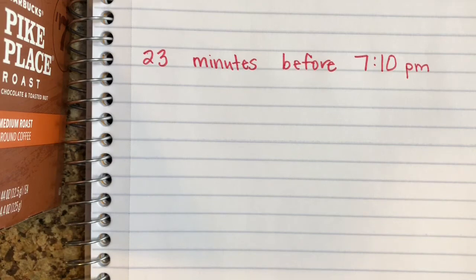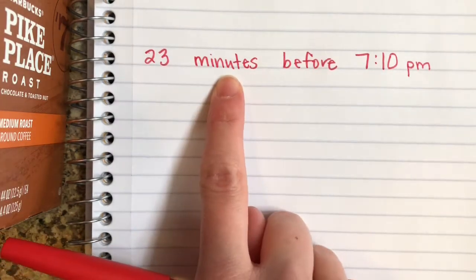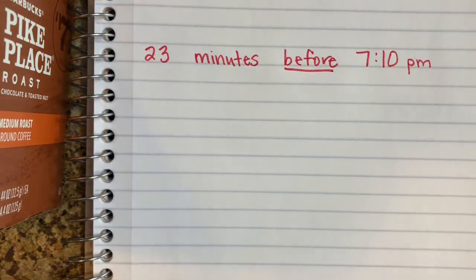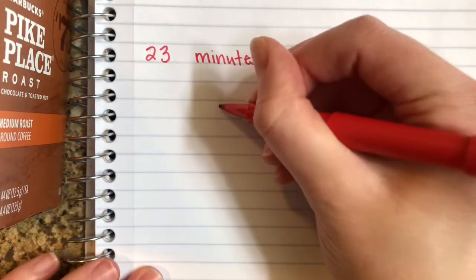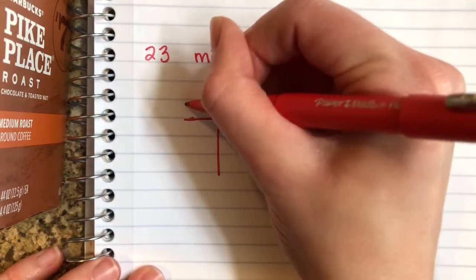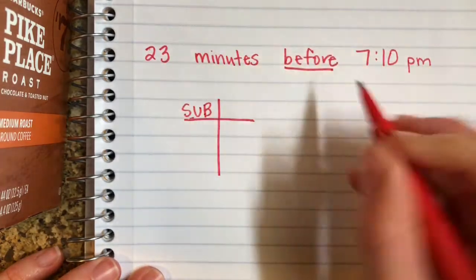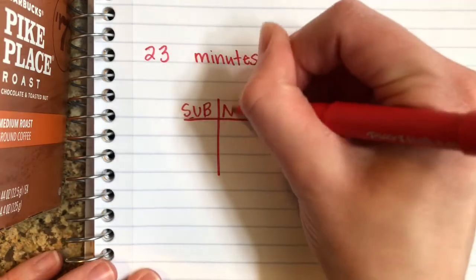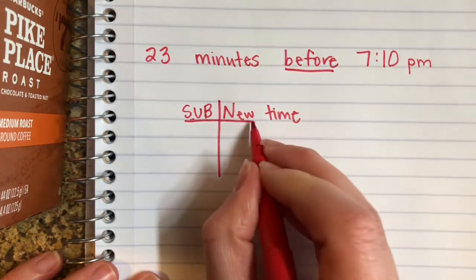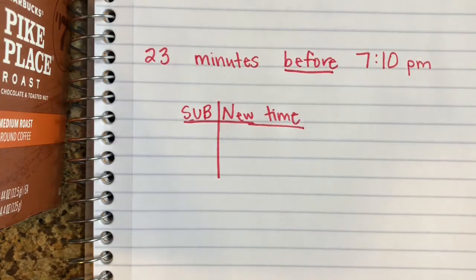Here's another example. We have 23 minutes before 7:10 p.m. We see before, we're going back in time. So when we set up our T-chart, we are going to put subtract because we are before, we are taking away. We still have new time. So right now we are at 7:10 p.m. We are going to take 23 minutes away from that.